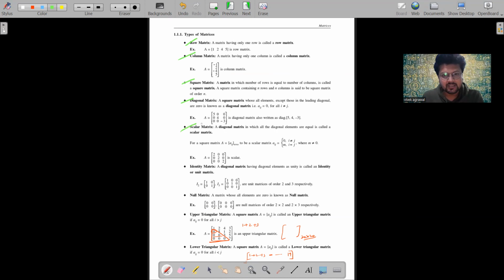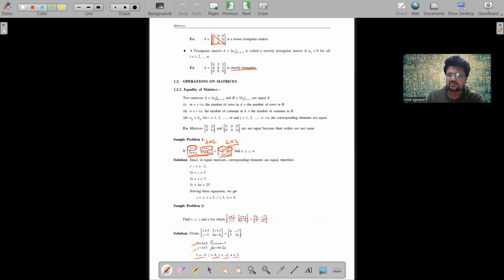Scalar matrix, in which all the diagonal elements are the same. Identity matrix, in which every diagonal element is 1 and other elements are 0. Null matrix, in which every element is 0. Upper triangular matrix, in which the lower part is 0 and the upper part has significant numbers. Vice versa for the lower triangular matrix.